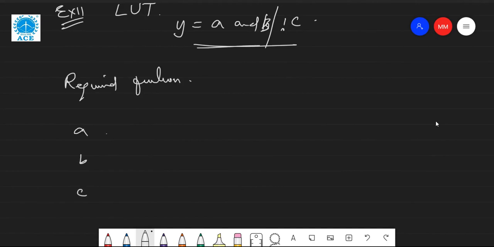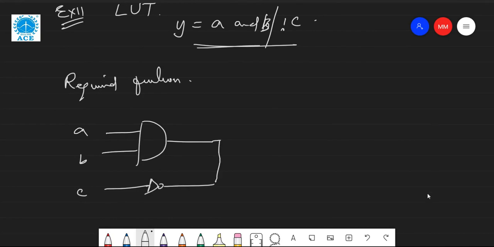So this is an AND operation, and I am adding an inverter here. These two inputs are ANDed. Okay, this is my output function.